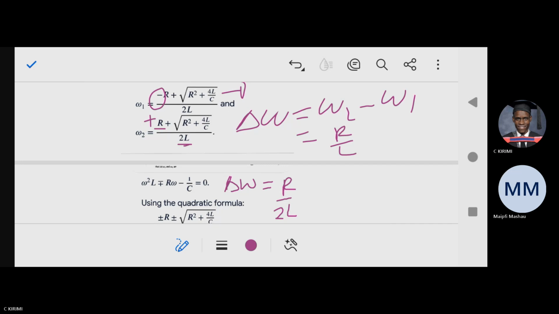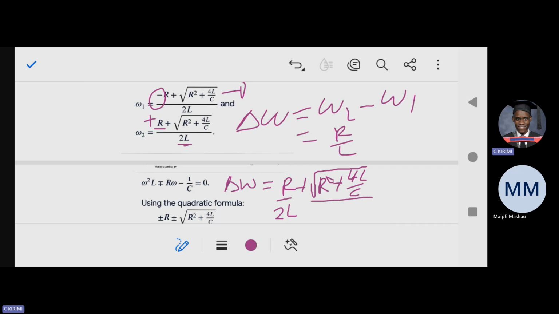Can you see it? So it's W2, which we are starting with. Then we say plus the square root, everything that is under the square root there. It's R squared plus over C.